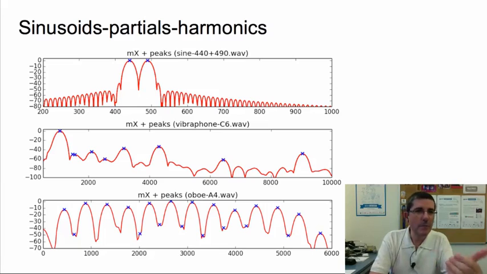So the top plot is clearly the spectrum of two such mathematical functions, two sinusoids that we have computed with the sine function. A partial, instead, is a component of a signal that is periodic and stable, and that can be modeled as a slowly time-varying sinusoid.